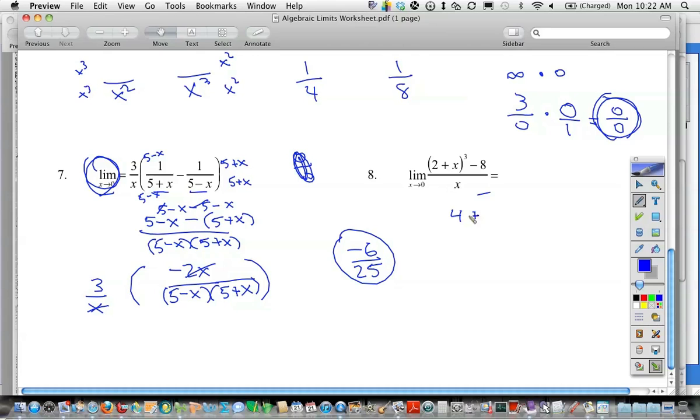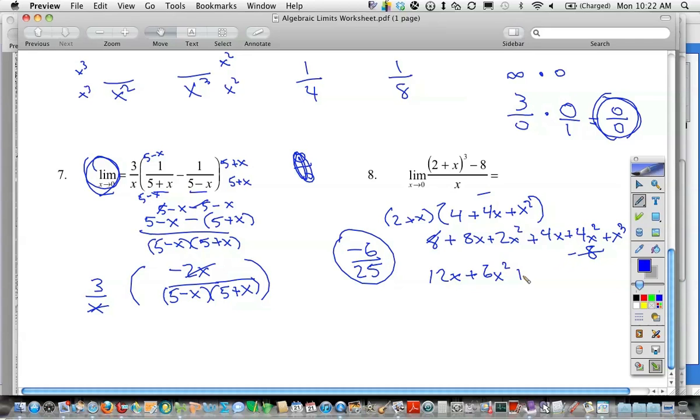So you'd have 4 plus 4x plus x squared, and then times a 2 plus x, so that's 8 plus 8x plus 2x squared plus 4x plus 4x squared plus x cubed and minus an 8. So the 8's drop out, which is nice. We end up with 12x plus 6x squared plus x cubed all over x.